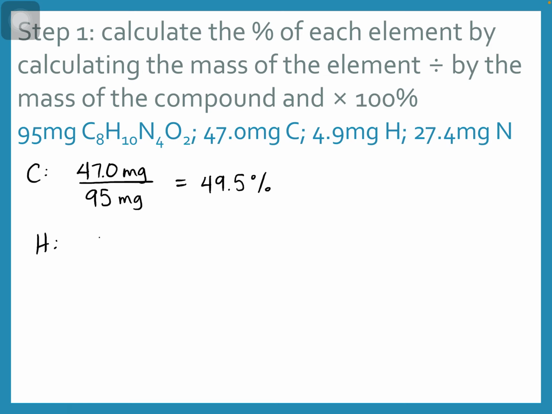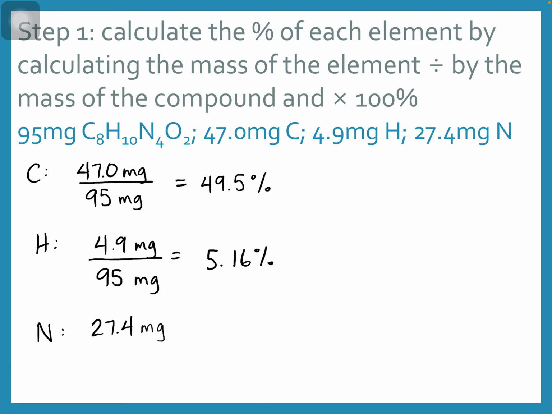Hydrogen is 4.9 milligrams of the 95 milligrams, and that is equal to 5.16%. And then for nitrogen, 27.4 milligrams out of 95 milligrams, and that is equal to 28.8%.